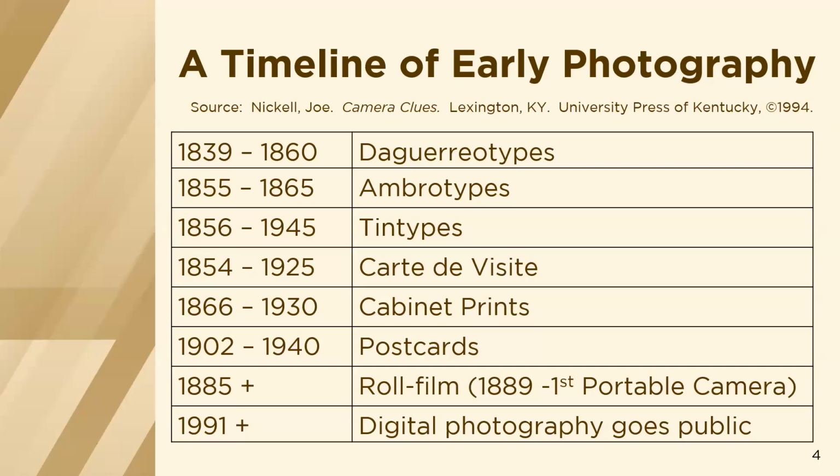They basically made a negative image. By backing it, it became a positive image. And then from there, they went to ambrotypes, tintypes, and so on down. And we'll cover a lot of this.